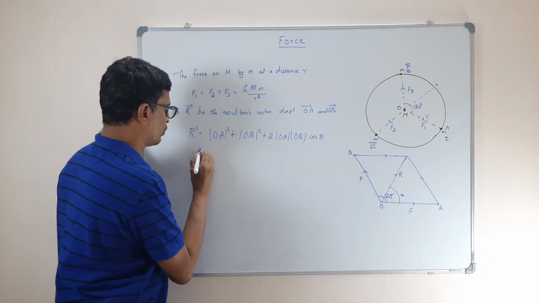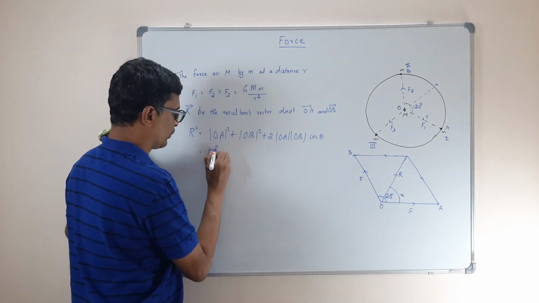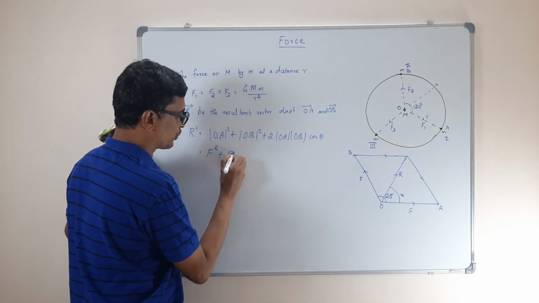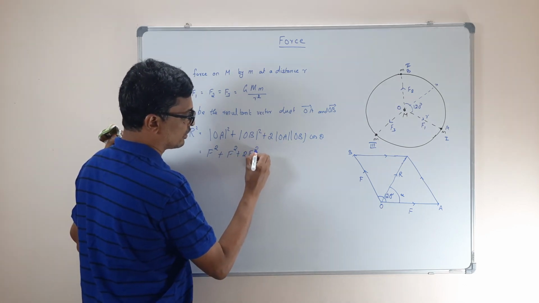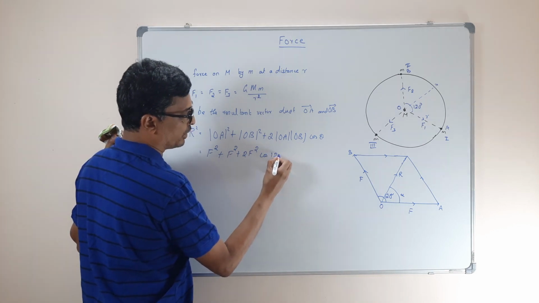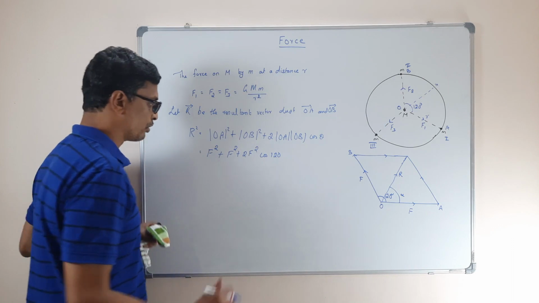Now tell me, what is OA square? OA square is F square. So F square plus F square plus 2F square cos 120 degrees. Do you know what cos 120 degrees is? Minus half. You should remember all those things.